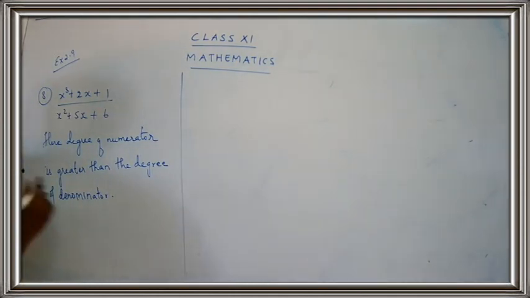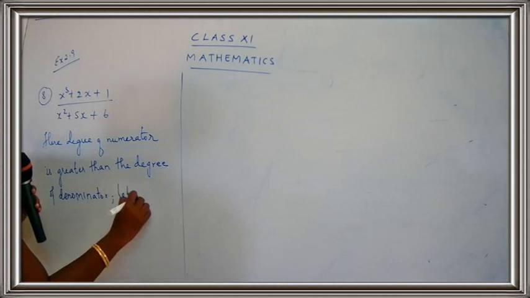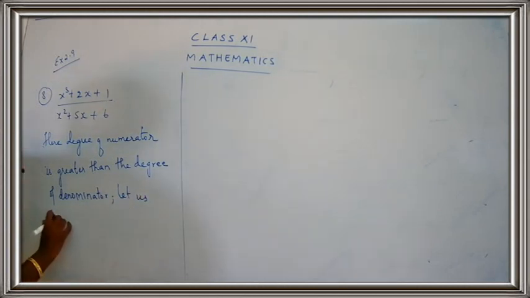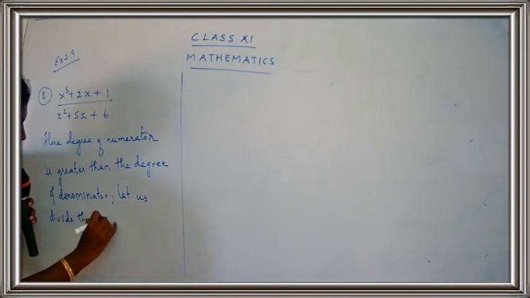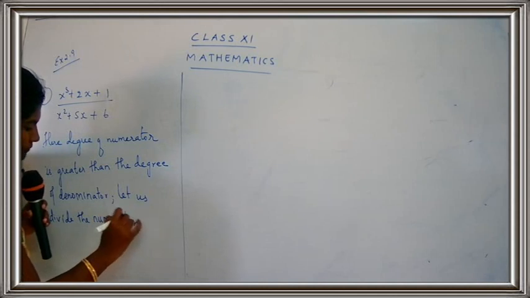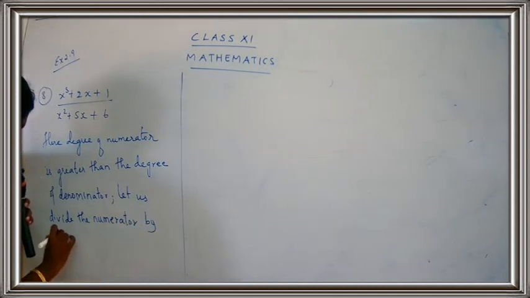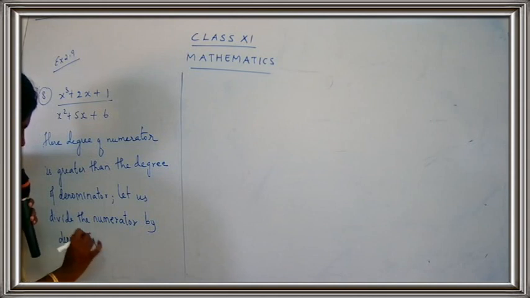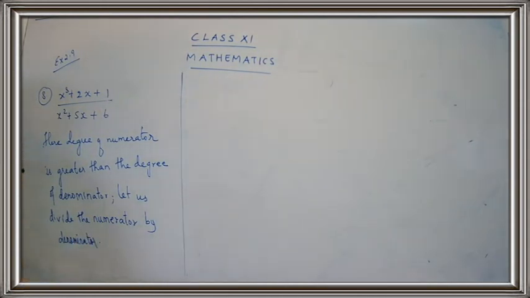Let us divide the numerator by the denominator. Okay, children, the degree of numerator is greater than the degree of denominator, so we are going to divide the numerator by the denominator. Let us do the division.